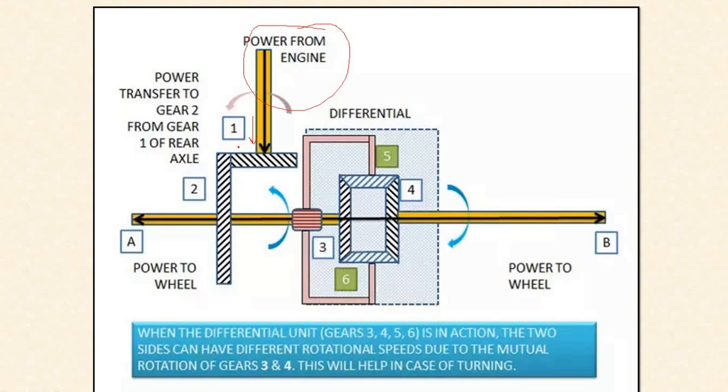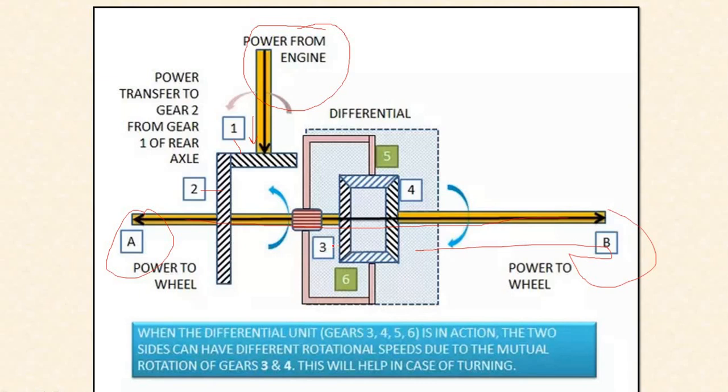Here this is the gear number 1, gear number 2. So power transfers to the gear number 2 from the gear number 1 of the rear axle. This is the rear axle. Here wheels are connected. Here wheels are connected. Now in turn, this is the representation of the differential.